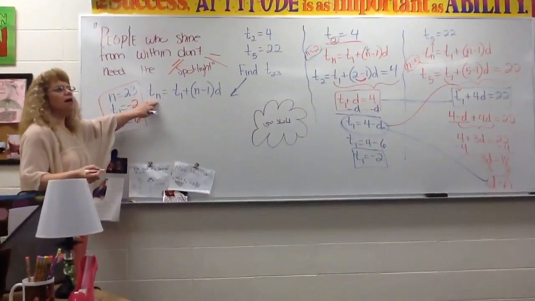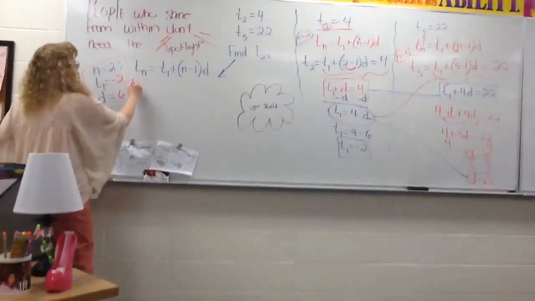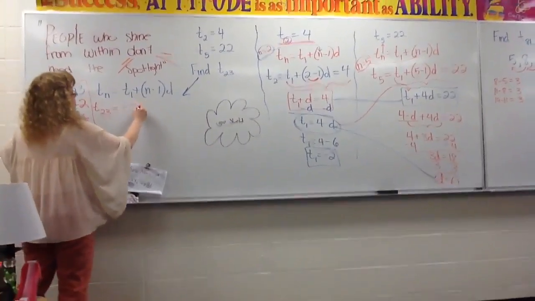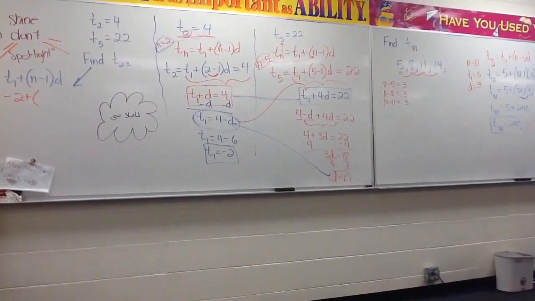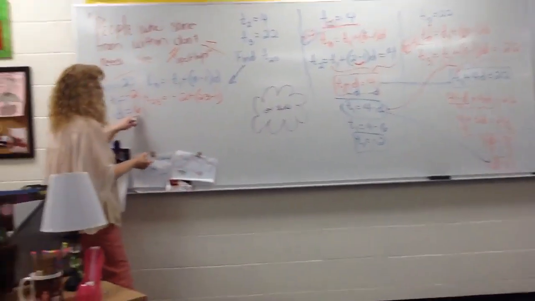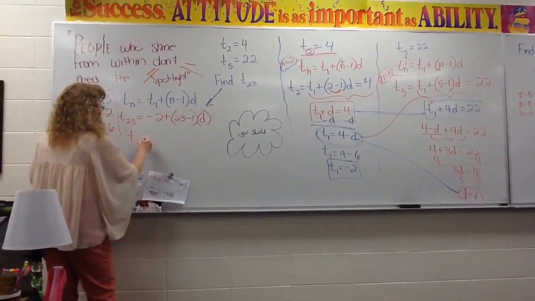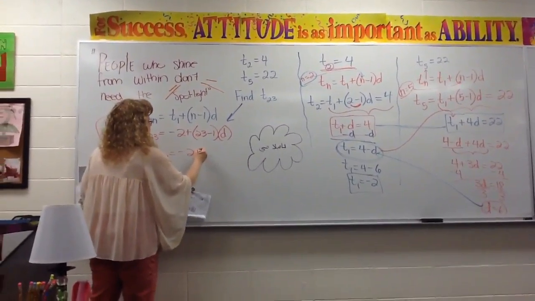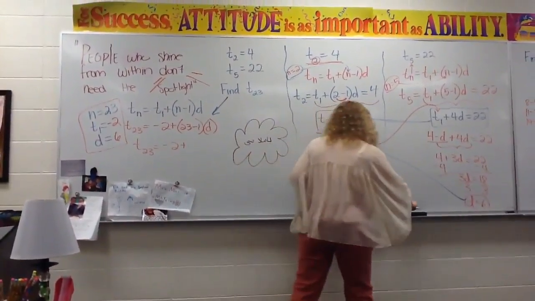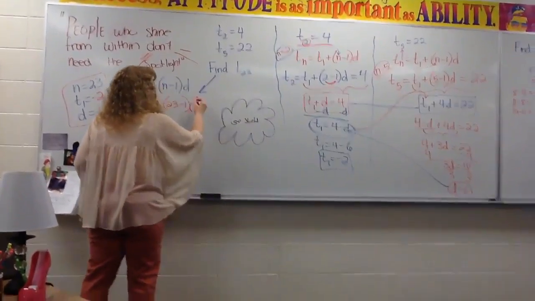Shouldn't we be able to plug in this and find T23 now? So T23 equals, what's T1? Plus, what's n? 23 take away 1 times my D value, which is 6. And work it all out. Plus, oops. What is D? I know what it is. Oopsie doopsie. 6. It's 6.